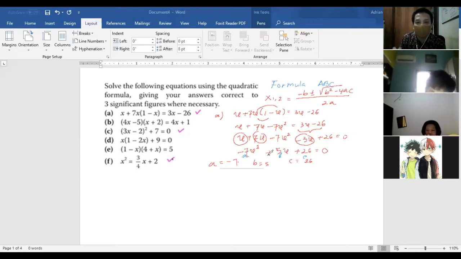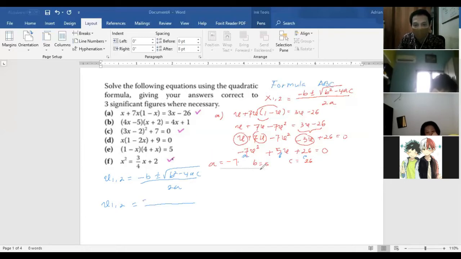So all a, b, c you have to insert into the formula. So x1,2 equals minus b plus minus root of b squared minus 4ac, over 2a, right? And then x1,2 equals, okay, minus b is minus 5, right?